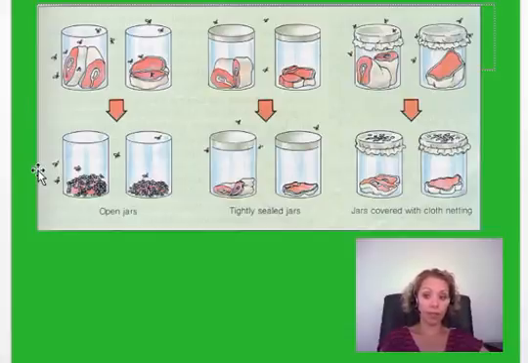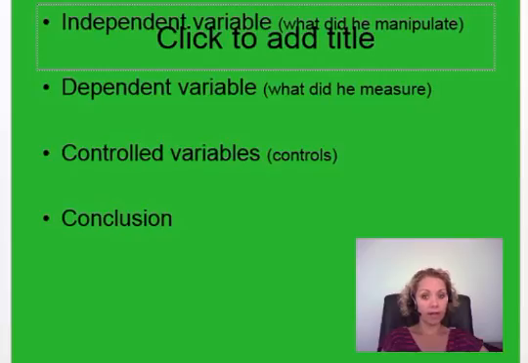No maggots appear. And the third set, the flies are not able to access the meat, and instead, the maggots tend to appear on top of the netting, on top of that cheesecloth. They don't access the meat at all, so the maggots don't appear on the meat. So let's think about the parts of Redi's experiment and see if we can identify them.